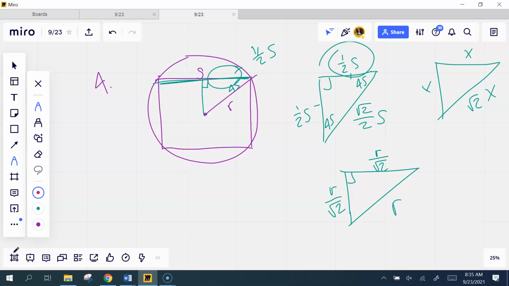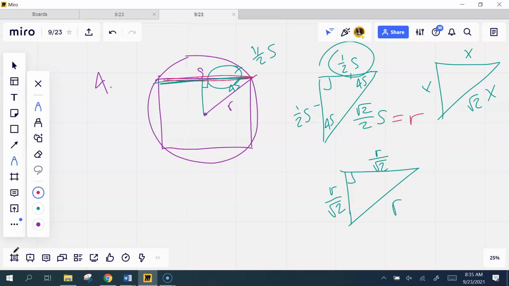I need to know what S equals essentially. You need to find out what that side length is and multiply it by itself. Yes. But I need to write this in terms of R's.